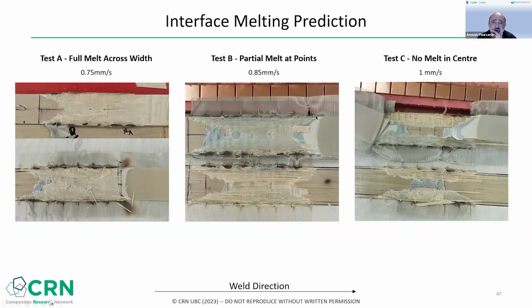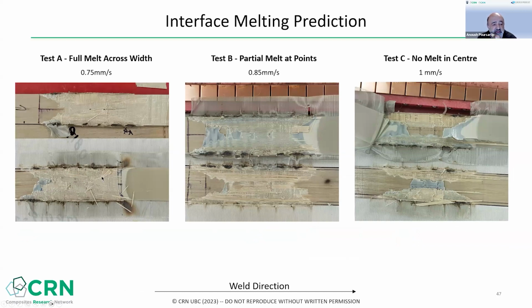So how useful was this? Well, I'd like to finish with this slide, where we see 3 tests. A test where the system was run very slowly, and what you see is when you tear the weld apart, you've got really good melt everywhere.